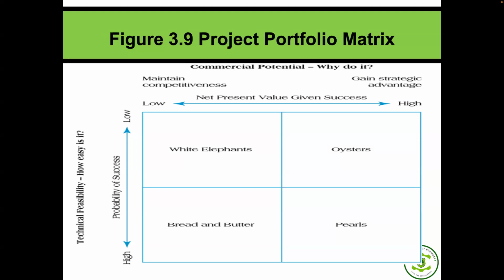The first one, usually, projects that we refer to as white elephants. The commercial potential is usually very low, whilst the probability of success is also not high. It's also low. And we say this project is a white elephant. If you look at the building at the back here, part of it collapsed.